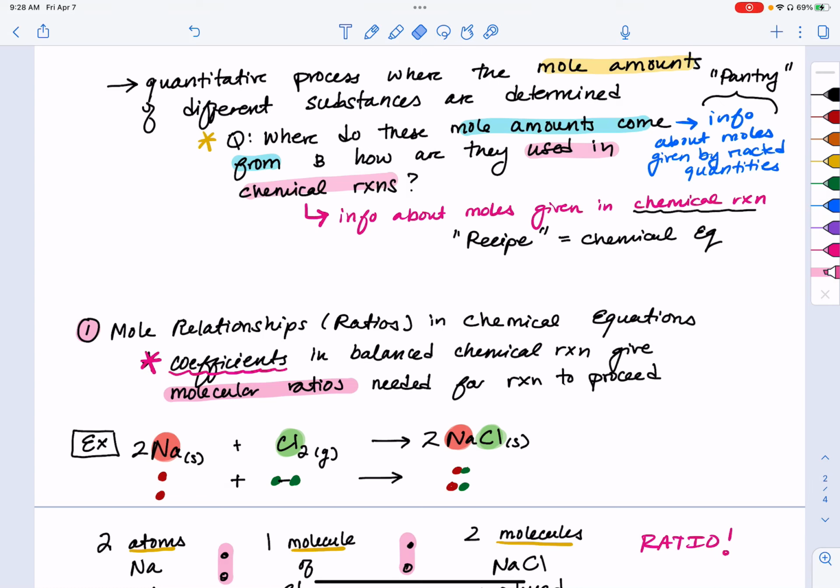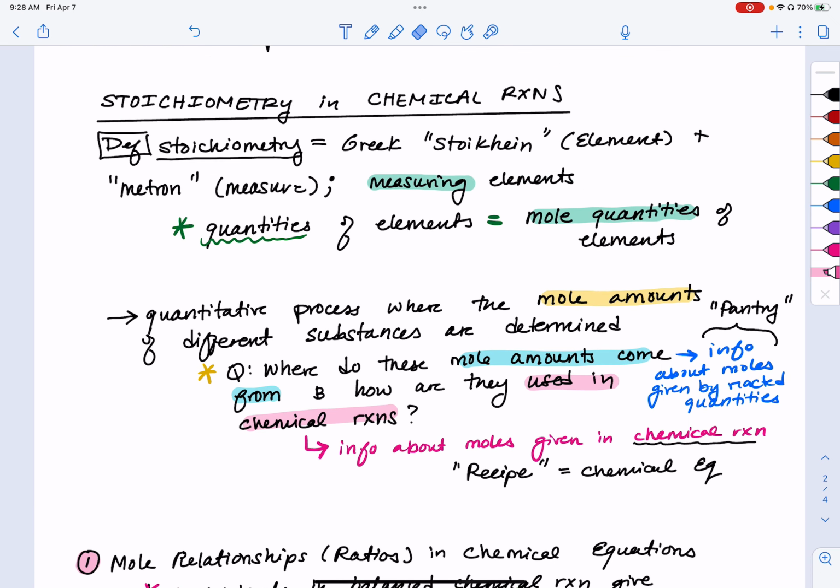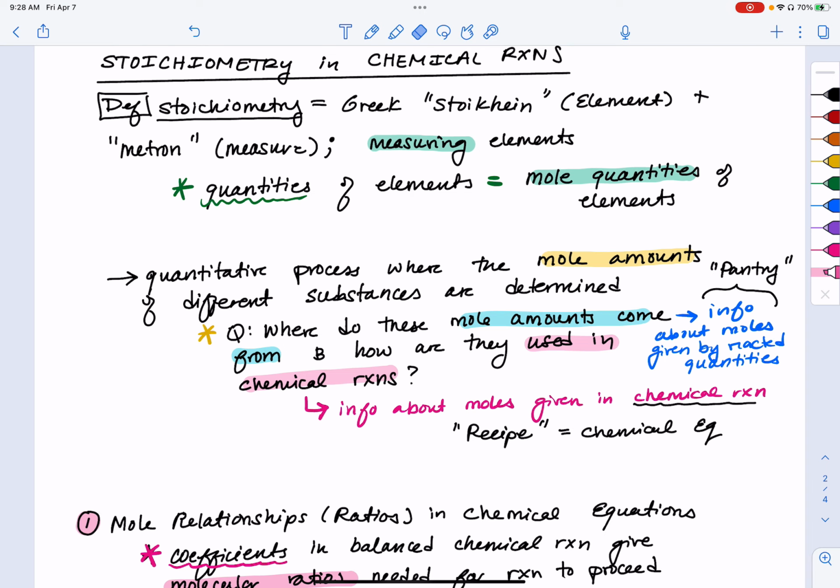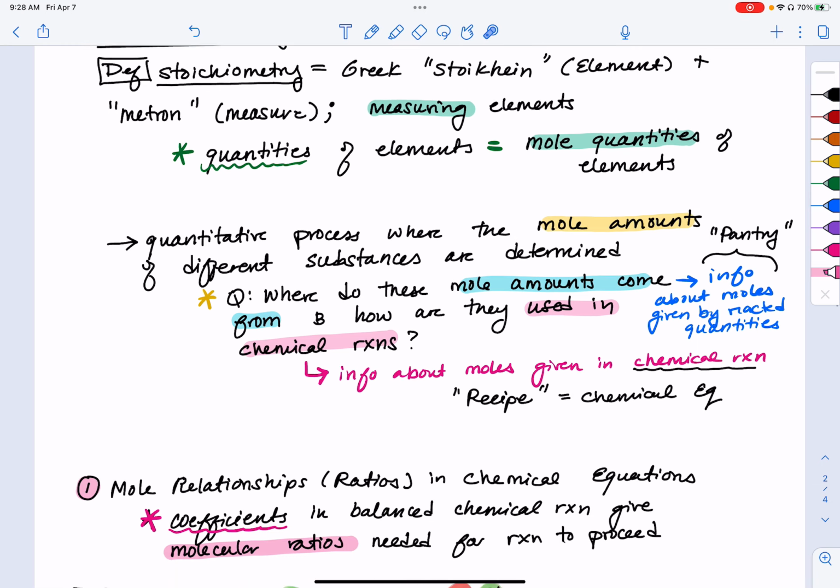Okay, welcome to the second half of part two of this lecture where we discuss the general concept of stoichiometry. We looked at our definition of stoichiometry as looking at a quantitative process where mole amounts of different substances are determined in a chemical reaction.